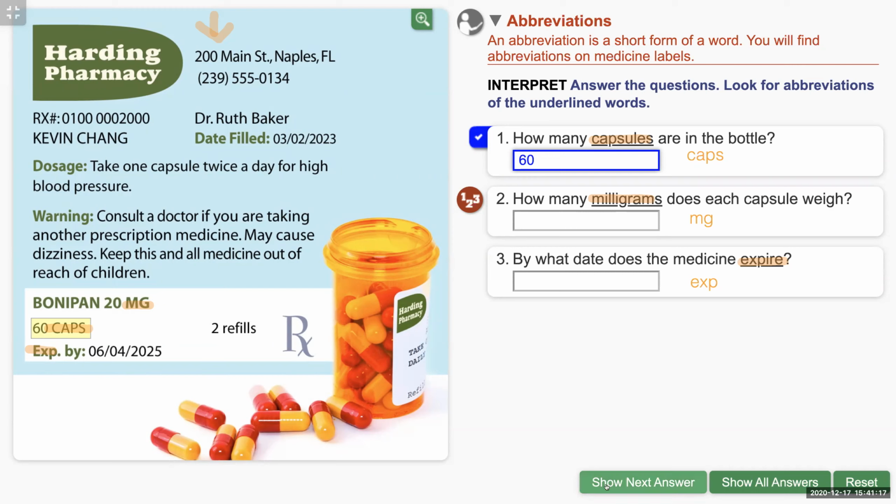Let's check our answer if we're ready. 20. And number 3, by what date does the medicine expire? If we're ready to check our answer, let's look at it. June 4th, 2025 is our expiration date.